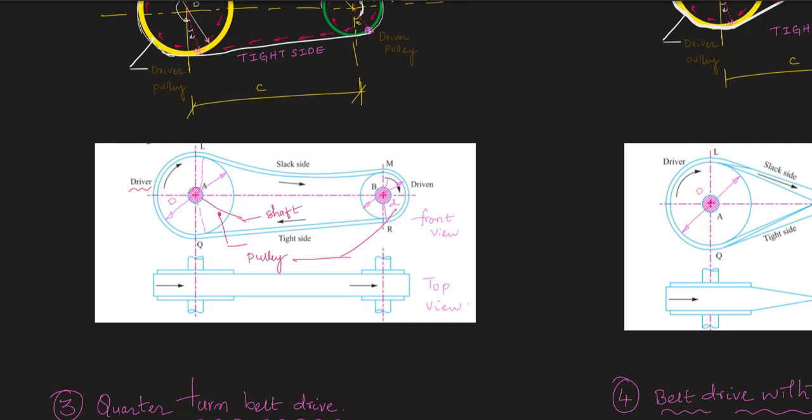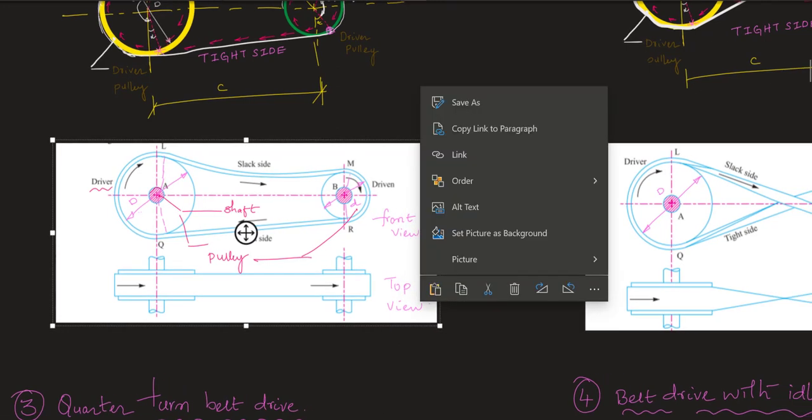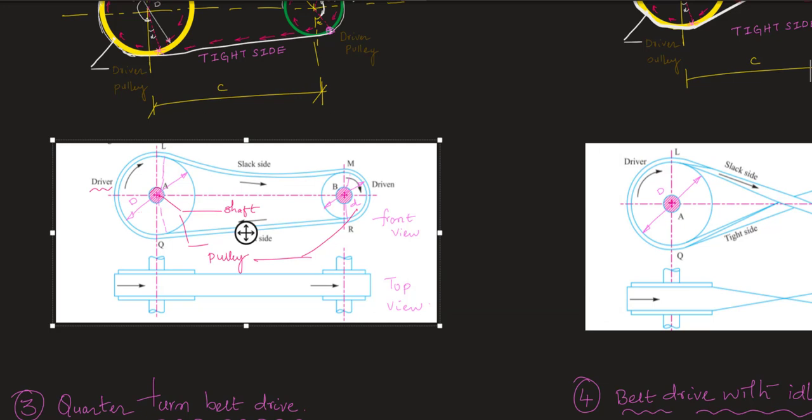Here you can see there is a shaft, this is our shaft. They have kept this driver pulley on a shaft which is connected with a motor, and here there is a driven pulley, again mounted on a shaft, and these are connected by means of a belt.